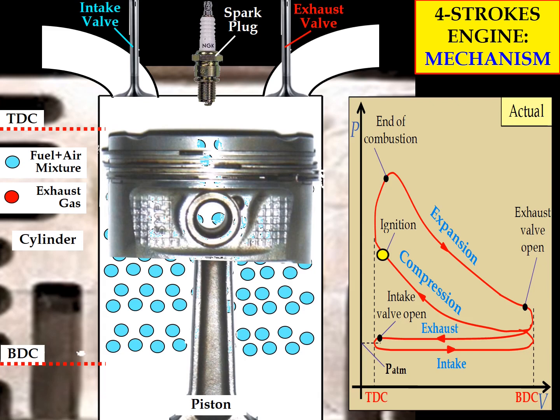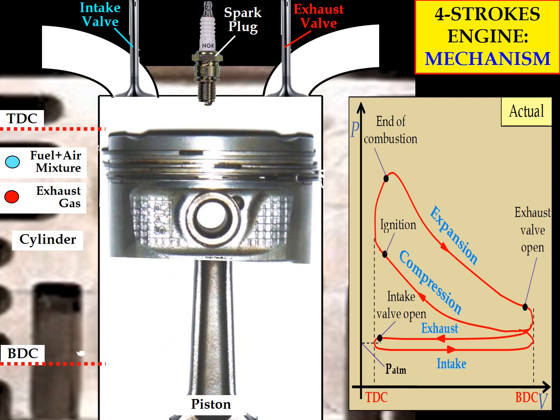Okay, so the piston at this point will reach very close to the TDC position. The next process is the ignition process, where the position of the piston is slightly lower than TDC. The spark plug will introduce a spark in order to start the combustion process.